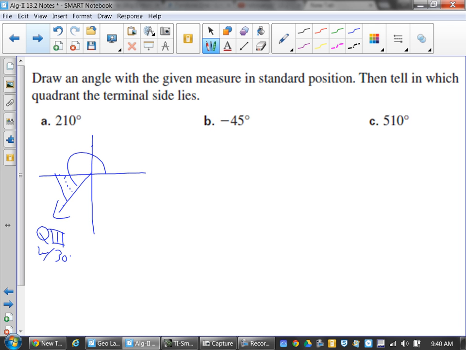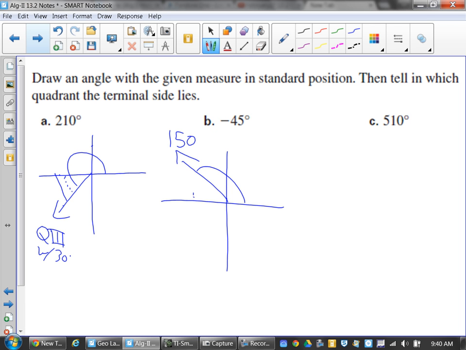If it were to end in quadrant 2, let's say we'll just put it at 150 degrees. You come over here, here's 150 degrees. How far are you off of the x-axis still? 30.